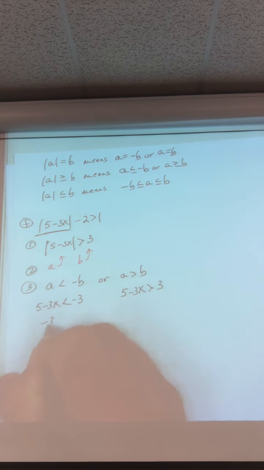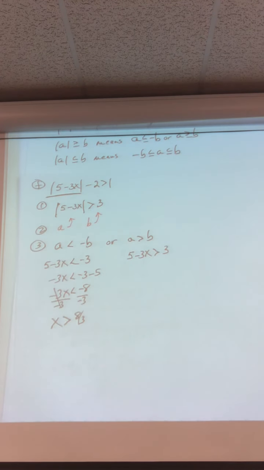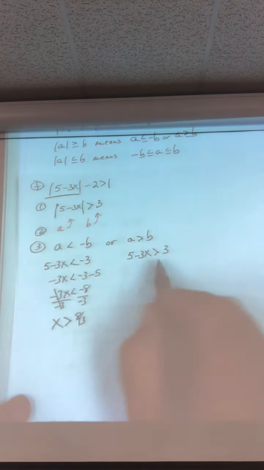Subtract 5 from both sides. And when I divide by the negative 3, I get x is greater than 8/3. Okay, now, let's do this one.